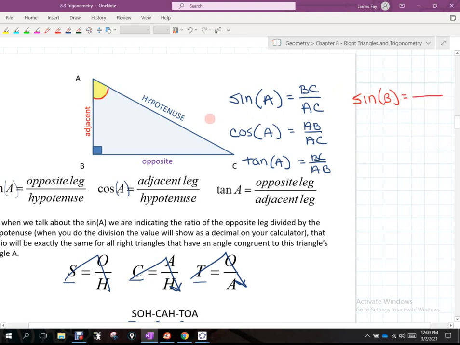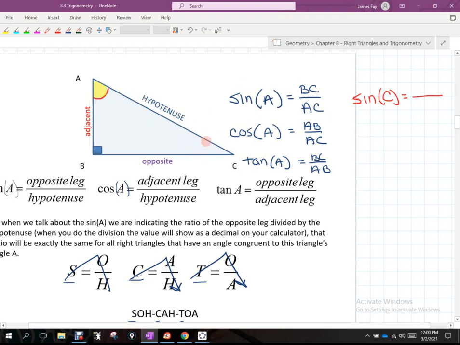Okay. Well, I'm sorry. I didn't look at the way I labeled this. I'll never ask about B. We'll never ask this about the right angle. I should have said C. So I'm interested in sine of angle C, which is basically we're only going to ever do these three ratios for the acute angles in a right triangle.